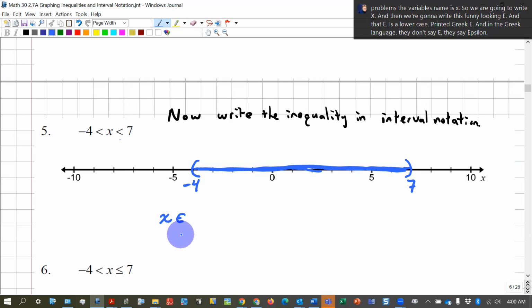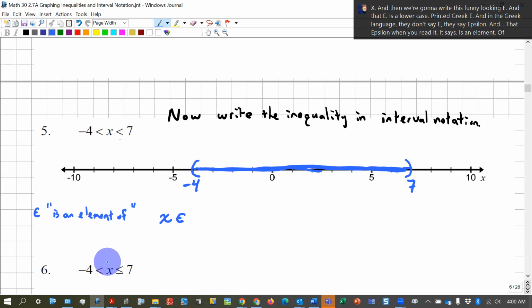And that epsilon, when you read it, says "is an element of," or you could say "belongs to." So we are saying the number X is an element of the following set of numbers.